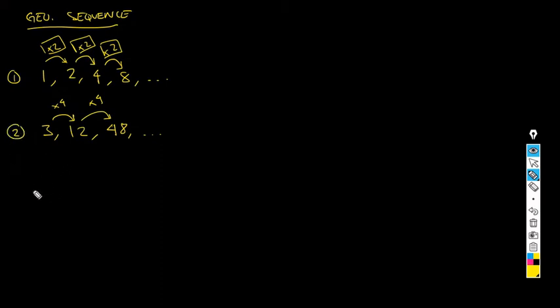Also, remember that for sequences, we found some terminology and some formulas. For example, for the first sequence, the first term, A1, is 1, and the ratio, do you remember that word? Is 2. Remember that the ratio, R, is the number by which we multiply to get all the following numbers. Also remember that when we write A sub n, what we mean is the nth term of this sequence.